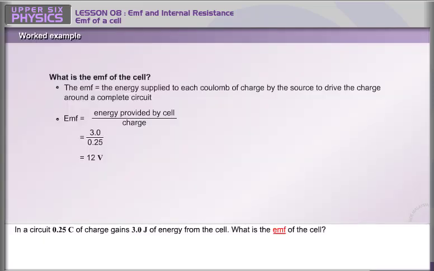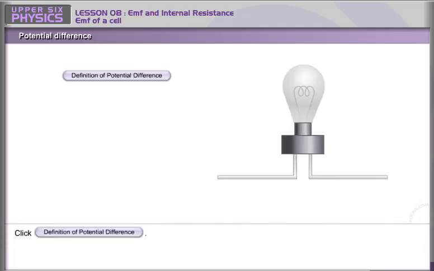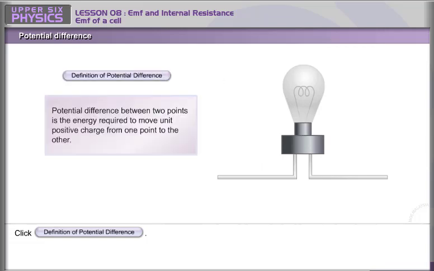In a circuit, 0.25 coulomb of charge gains 3.0 joules of energy from the cell. What is the EMF of the cell? Click the definition of potential difference button.